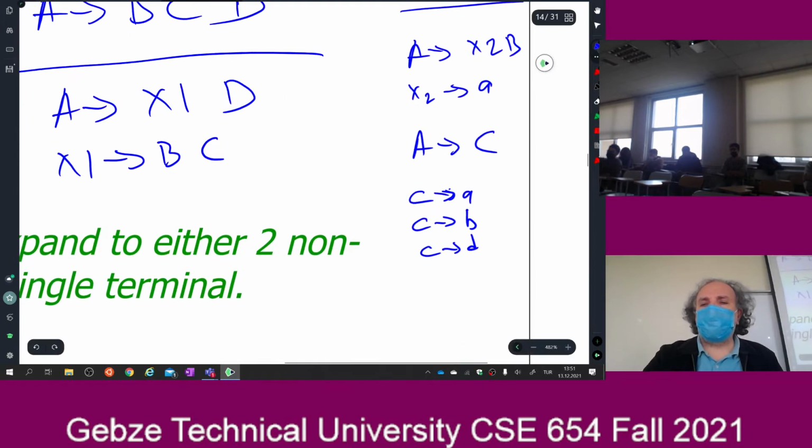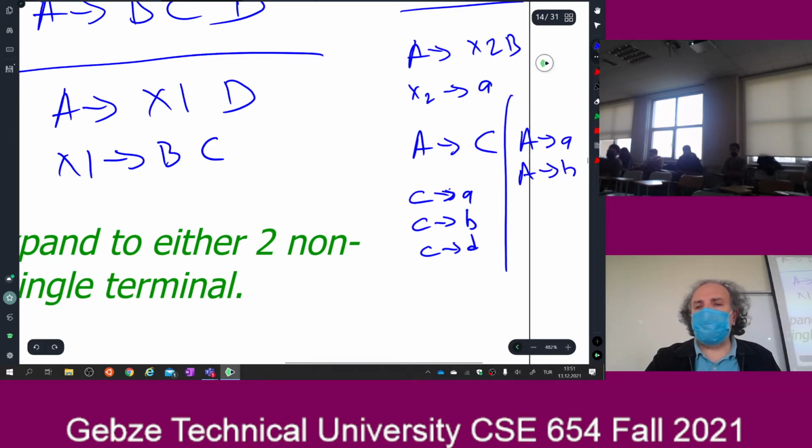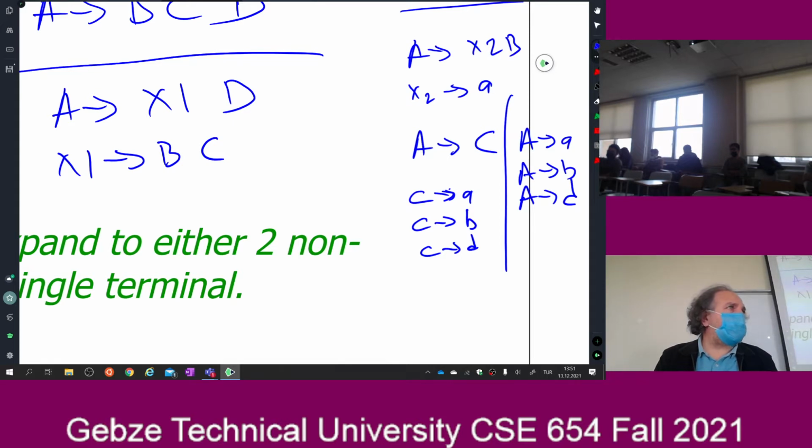So you write all of them like A → A B and A → D. That fixes it all. So I remove C. Okay, so there's always a solution, and this can be done automatically. It is very easy to convert, so I can get the binary form without any problems. Good.